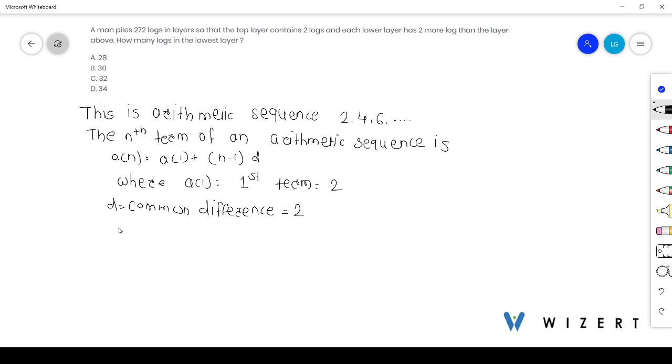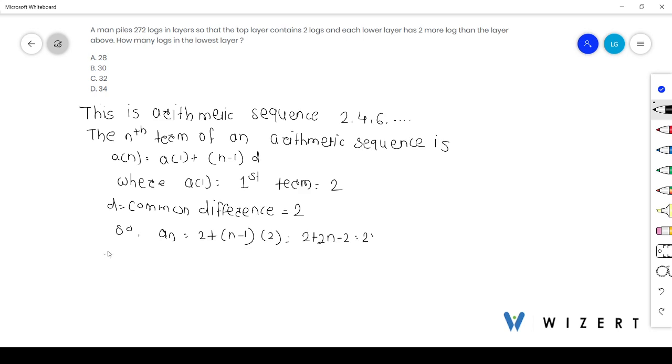Common difference is 2. So, a of n is 2 plus n minus 1 into 2, so it is 2 plus 2n minus 2, that is 2n.